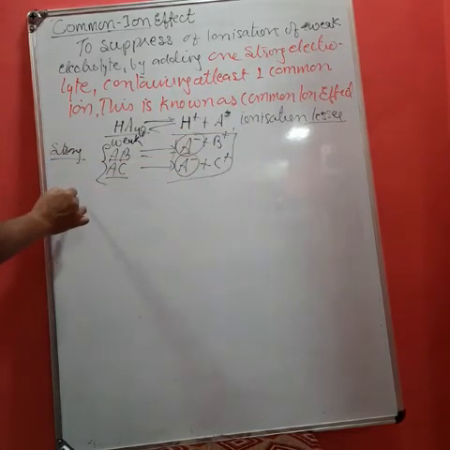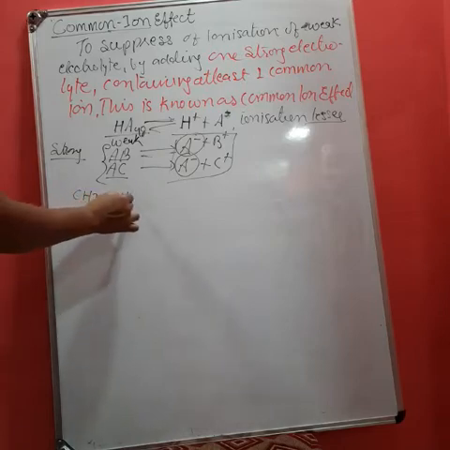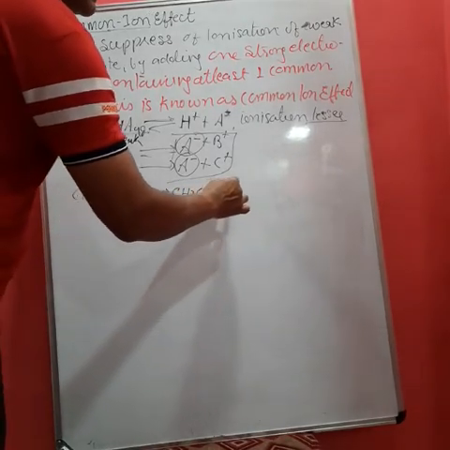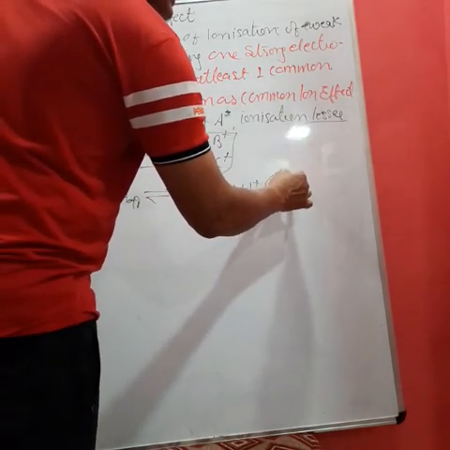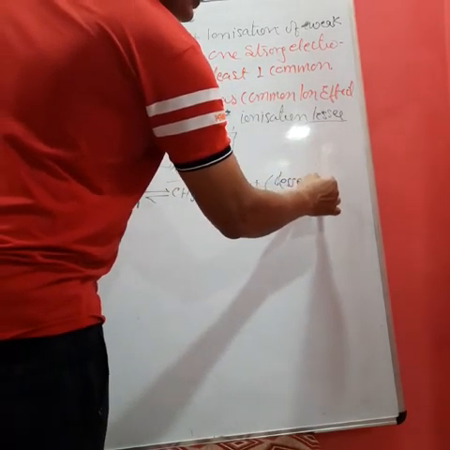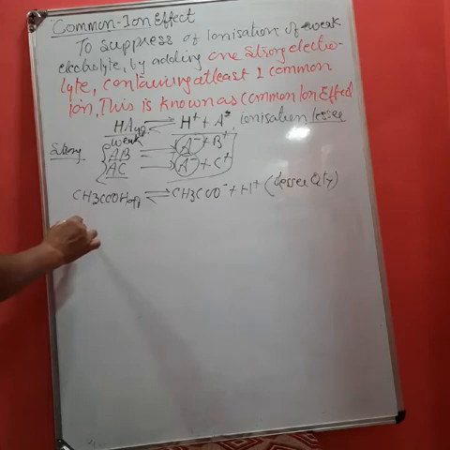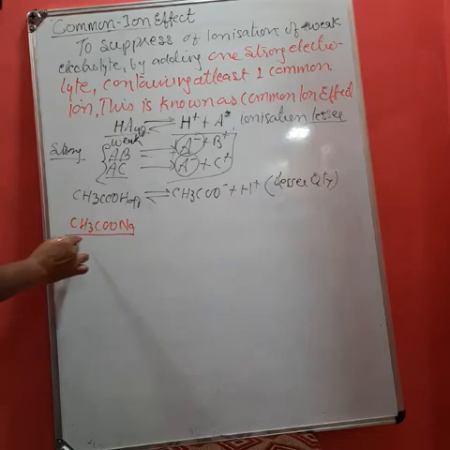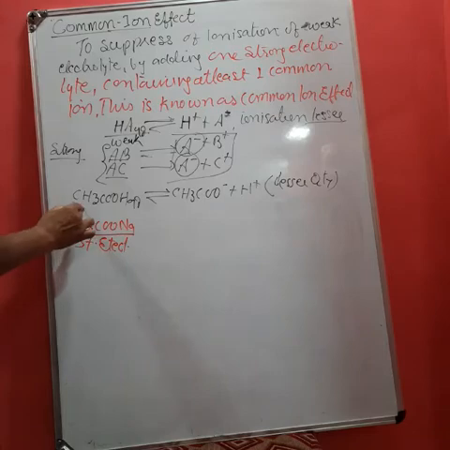Like here we can take the example of acetic acid. Aqueous acetic acid ionizes and forms acetate ion plus H cation, which is already in lesser quantity. But if we add CH3COONa, it is now a strong electrolyte, while earlier it was a weak electrolyte.